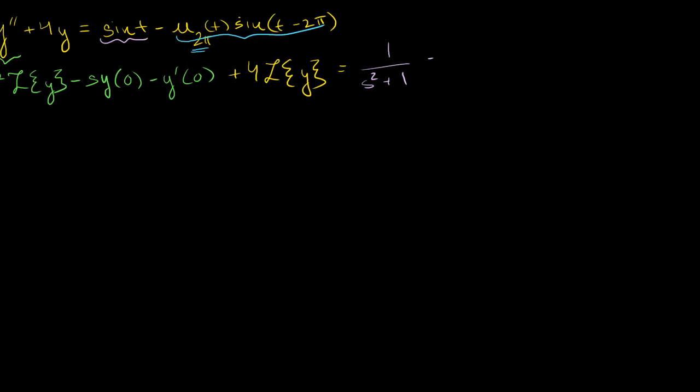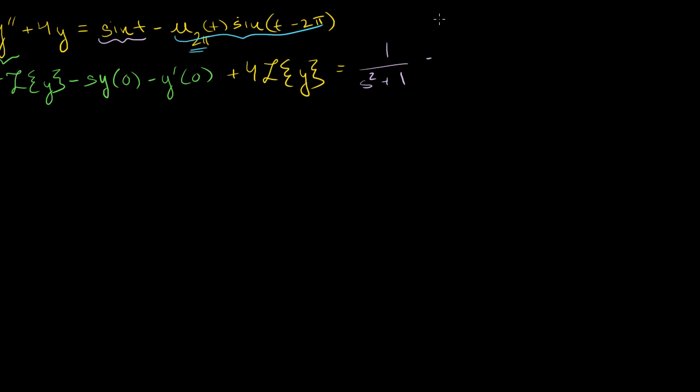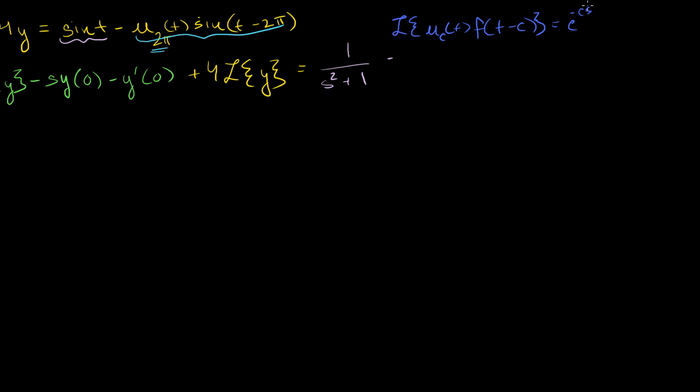Let me write it down. The Laplace transform of the unit step function that goes up to c times some function shifted by c is equal to e to the minus cs times the Laplace transform of the original function, the Laplace transform of f of t. So if we're taking the Laplace transform of this thing, our c is 2 pi, and our f of t is just sine of t.